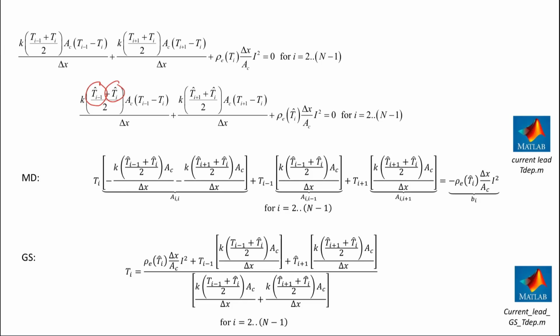Okay, so we get to that point. Then it's slightly different depending on if it's matrix decomposition versus Gauss-Seidel. So matrix decomposition, you see here we have our temperature evaluation happening. But we still have the nodal temperatures we're trying to solve for there. So this whole thing becomes your A_i term or the coefficient.